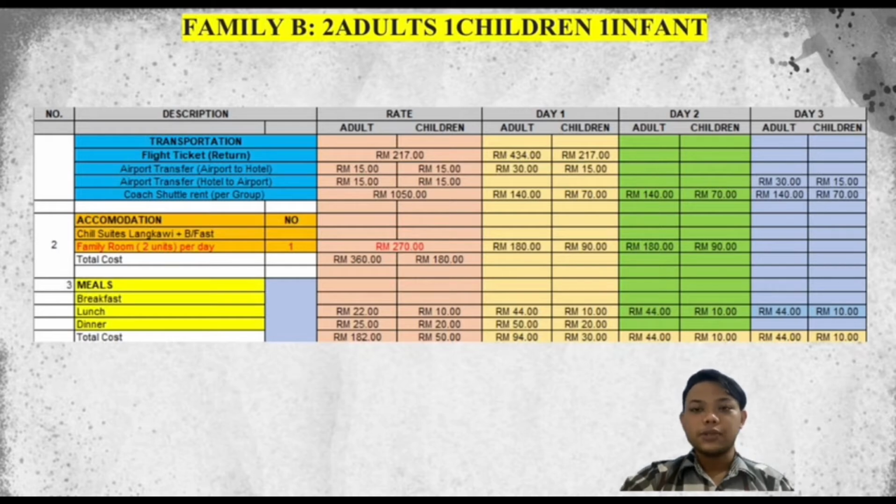Same goes to day 2 and day 3. For dinner, the rate is 25 ringgit for adult and 20 ringgit for children. For the day 1, it will take 50 ringgit for adults and 20 ringgit for children. The rate of total cost is 182 ringgit for adult and 50 ringgit for children.